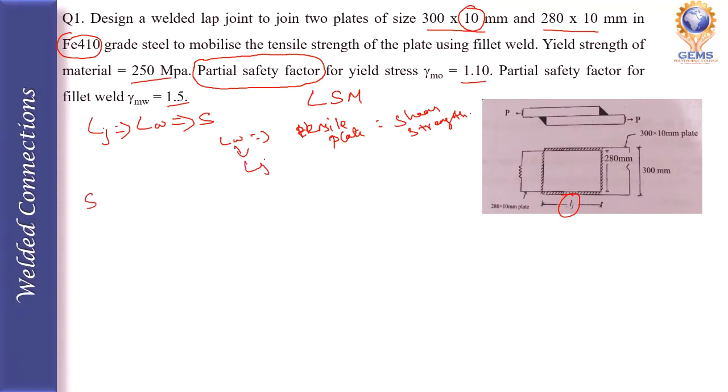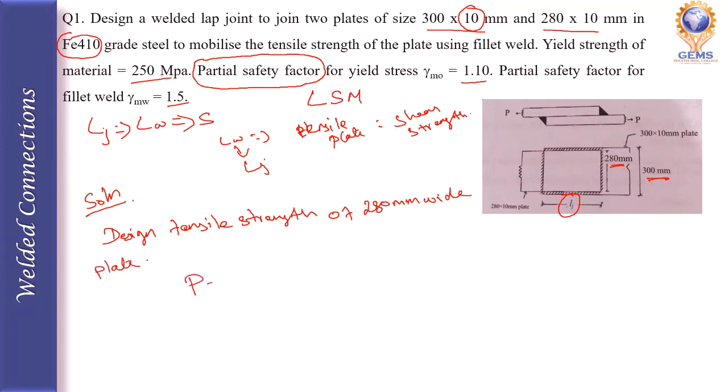So solution. First, we find the design tensile strength of which plate we have to do? We have to calculate 300 mm or 280 mm. We have to find the smaller plate, 280 mm wide plate.